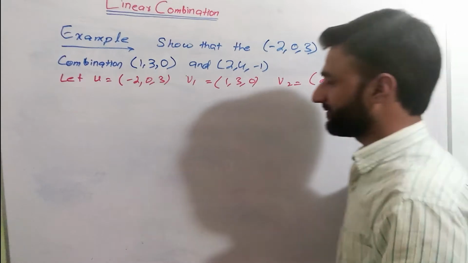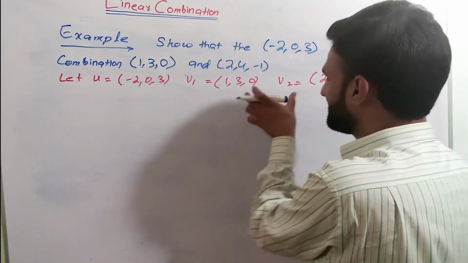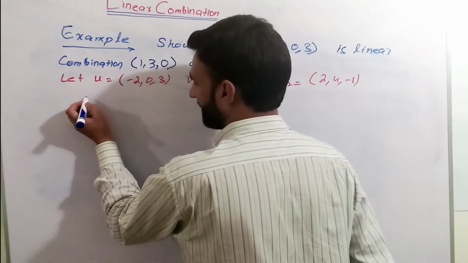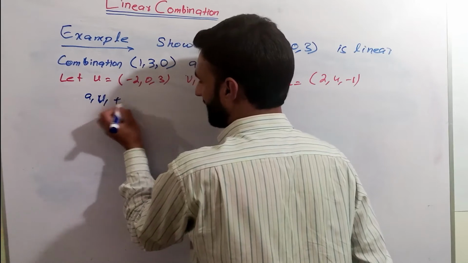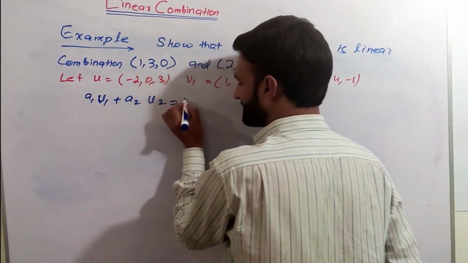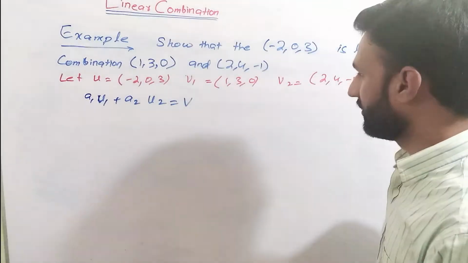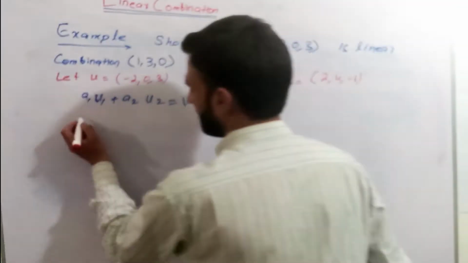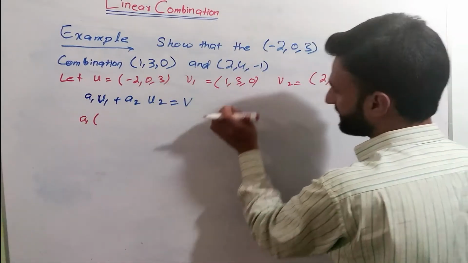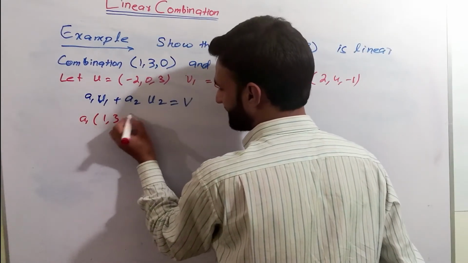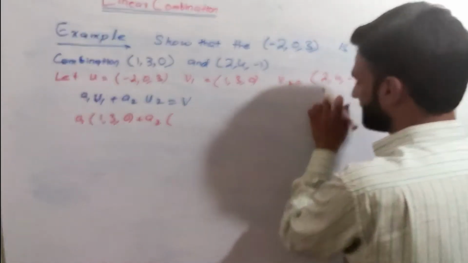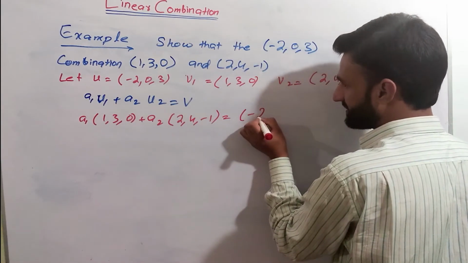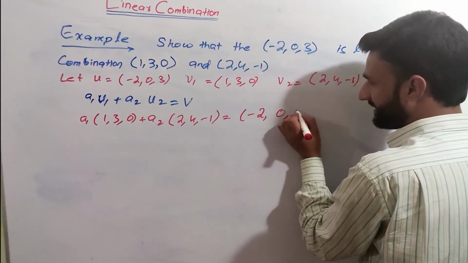By definition, this vector u is a linear combination of these vectors, so a1 v1 plus a2 v2 is equal to this vector. Here, a1 times the vector 1, 3, 0, plus a2 times the vector 2, 4, minus 1, is equal to minus 2, 0, and 3.